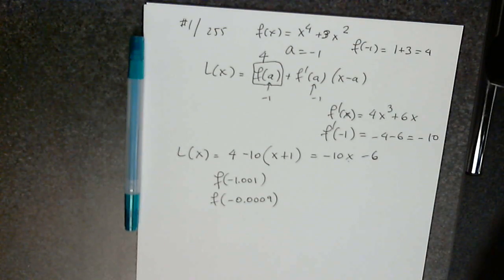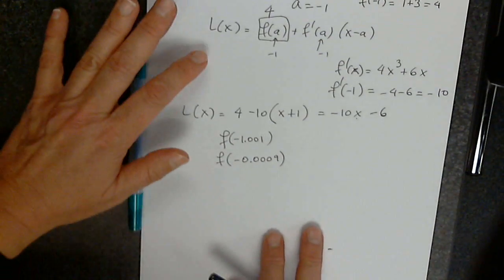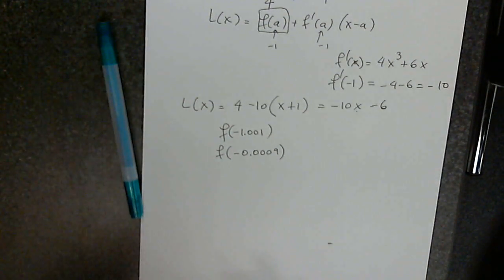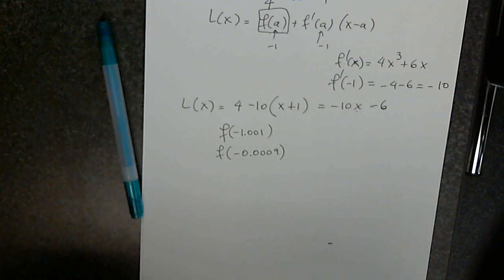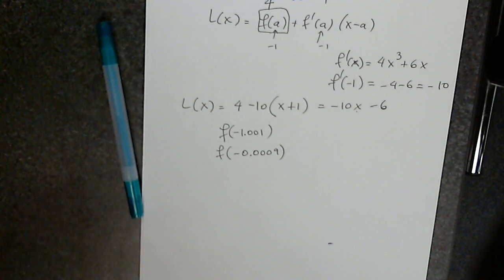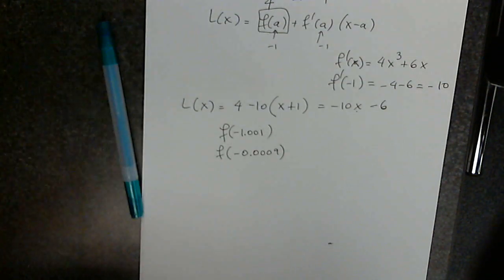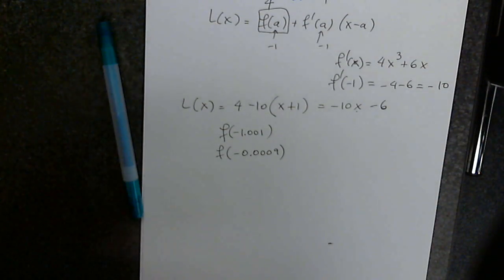Ready to continue? Okay, so this is what is called the linearization. Any function that is differentiable at a point can be linearized, can be replaced by a linear function at that particular point, around that particular point, very near that point. Okay.